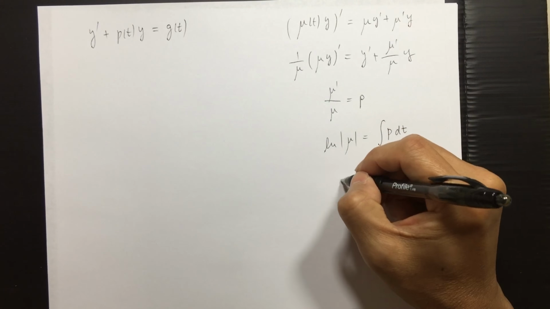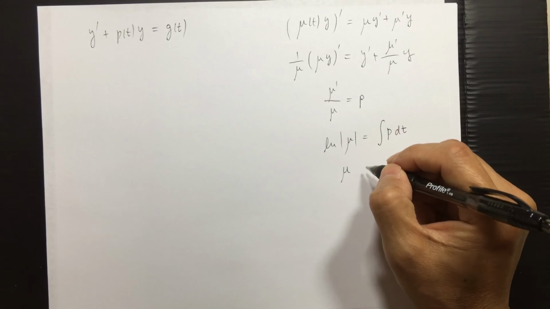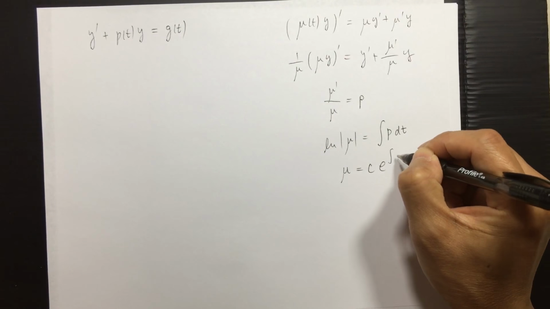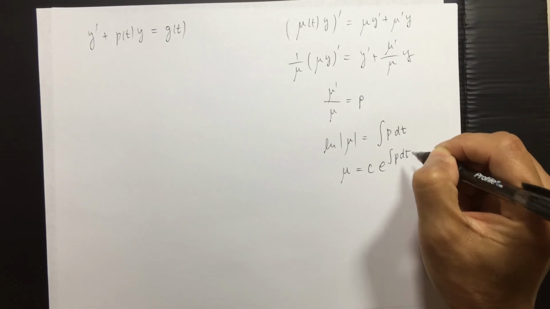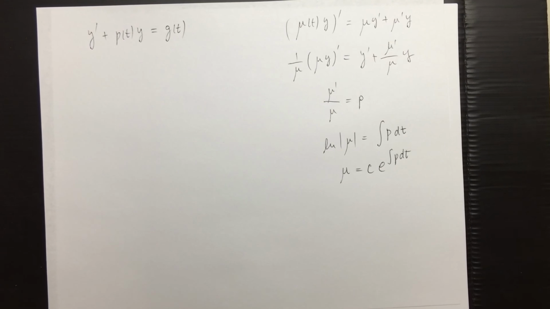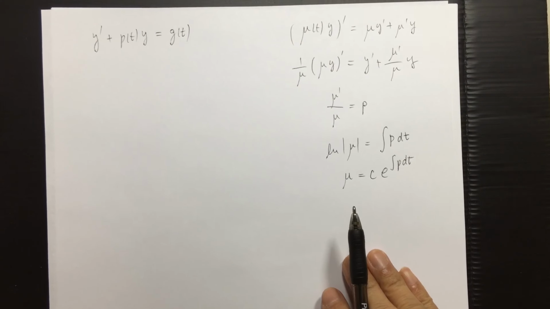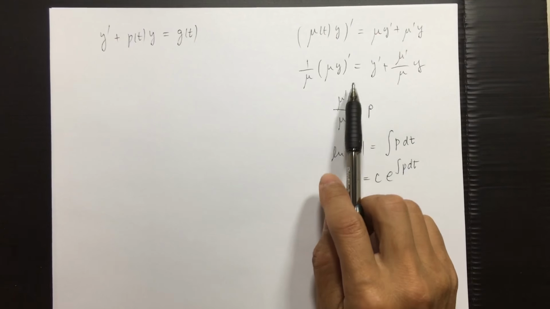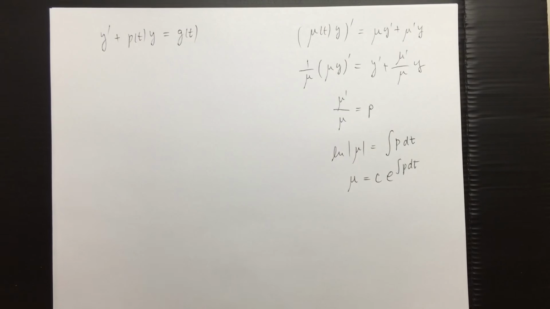Then mu equals, we're not going to worry about the absolute value, c e to the integral of p dt, right? When mu equals this, that means I can substitute this into this.